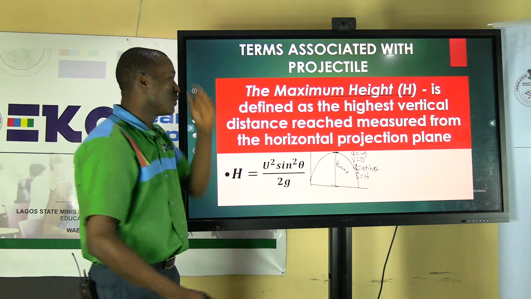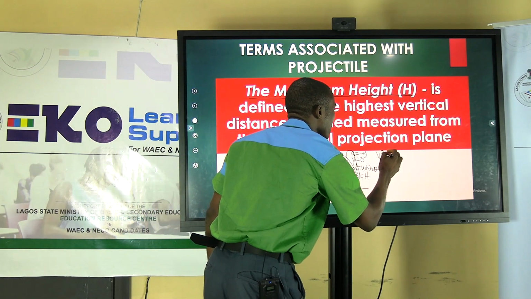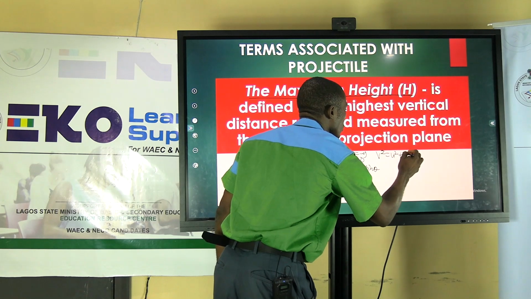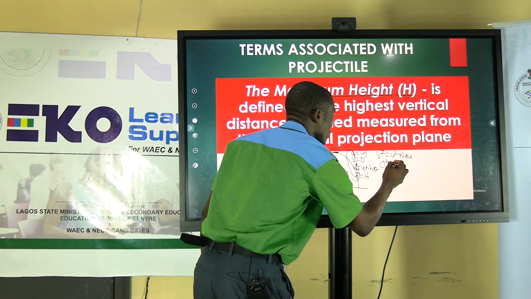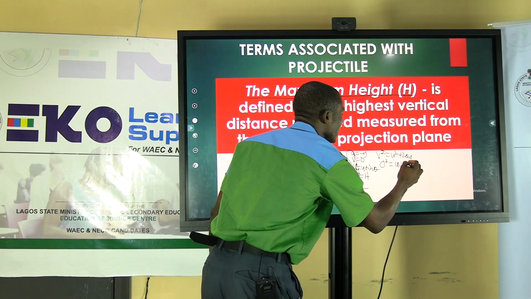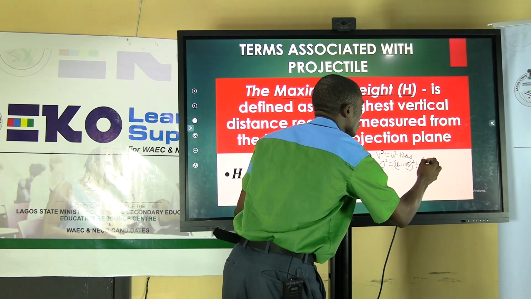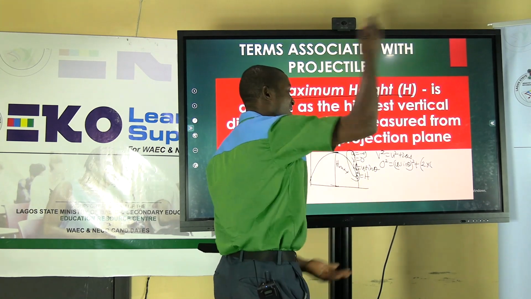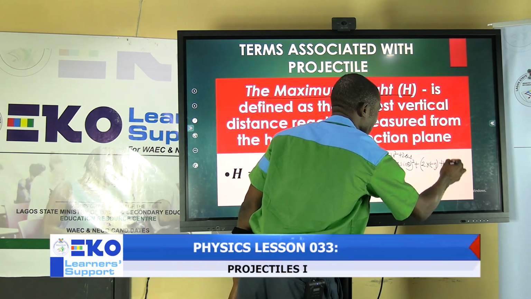So which equation of motion will make use of all these parameters? Let's make use of v squared equals u squared plus 2as. At maximum height, v is 0. So this is 0 squared equals u sine theta all squared plus 2 times, the journey is against gravity, minus g, and the distance we're looking at is the height.